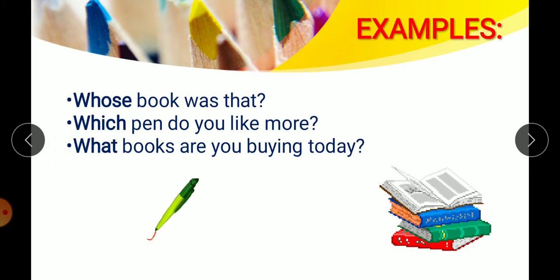These are the three interrogative adjectives. And interrogative adjectives are also followed by a noun, like whose के बाद book आया है, which is followed by pen, what is followed by book. So in interrogative adjectives, whose, which, what are also followed by a noun.